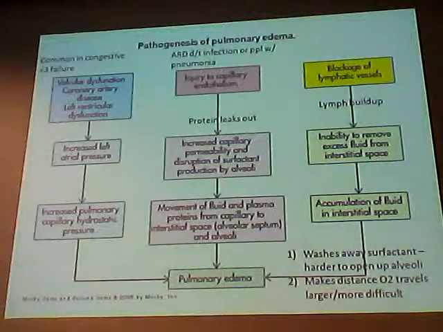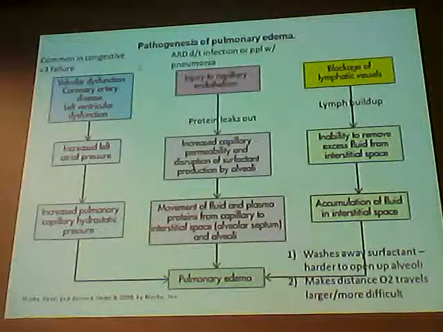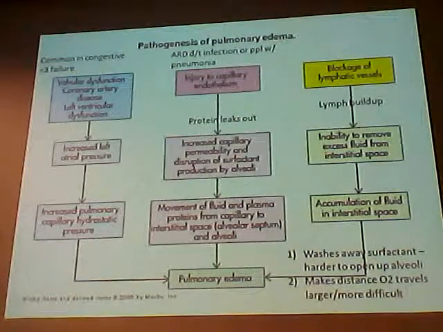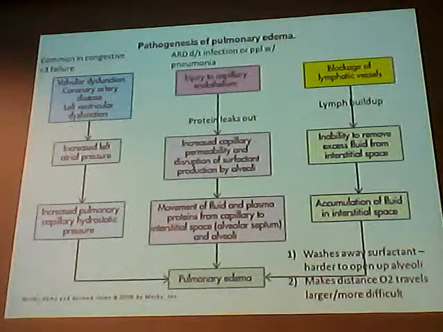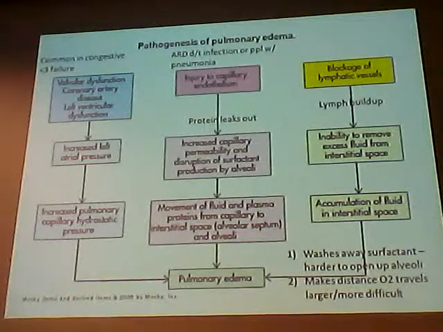Pathogenesis of pulmonary edema, so it's common in congestive heart failure. So you could have some sort of valvular problem that leads to increased pressure in the left side of the system because it's not working on that side.